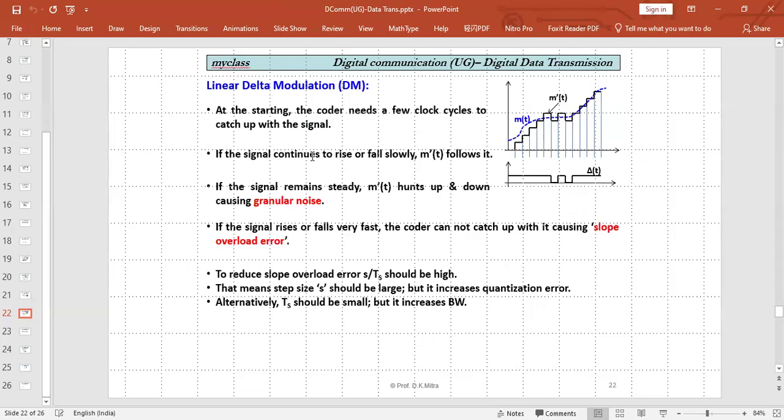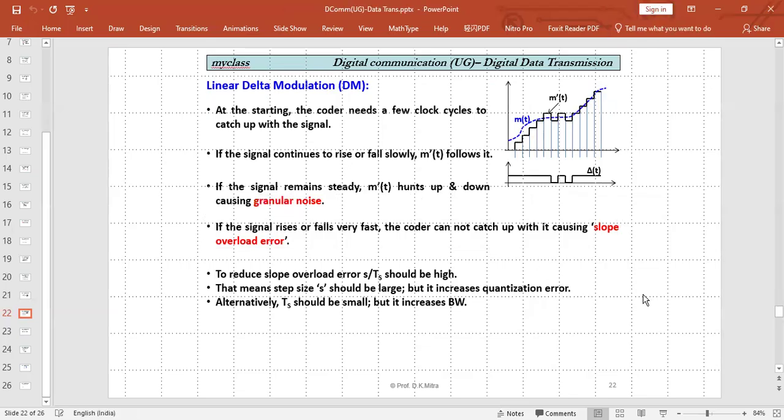Now, if the signal continues to rise or fall slowly, then m dash t, that means the output, follows it. Like here, it follows it, right? Although there is a step error, right? But it follows it. If the signal is steady, then what happens here? A kind of plus minus error continues.